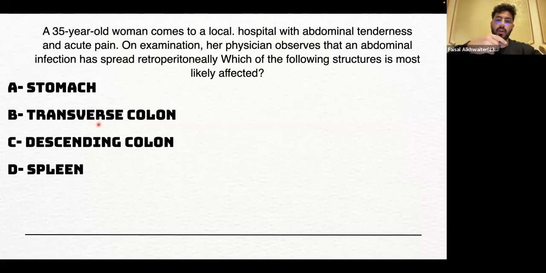The descending is also retroperitoneal, just like the ascending. The spleen we just said is intraperitoneal. Do you guys have any questions, or is it clear? It's pretty straightforward. Anatomy questions are always pretty straightforward.